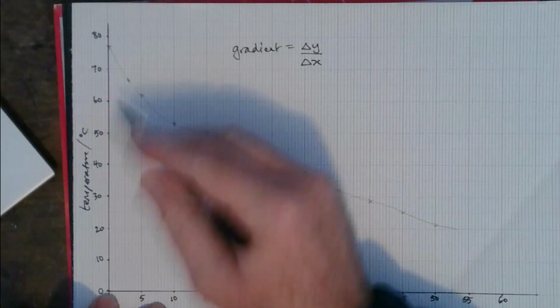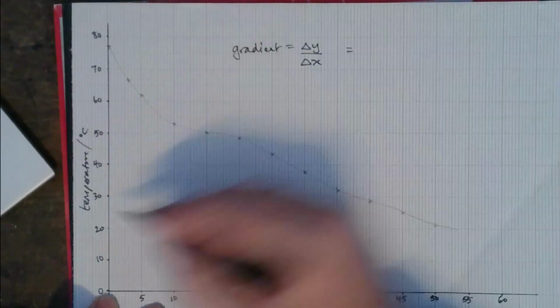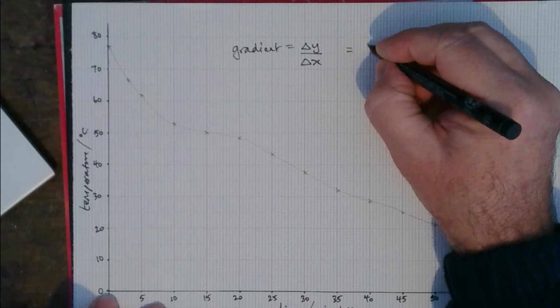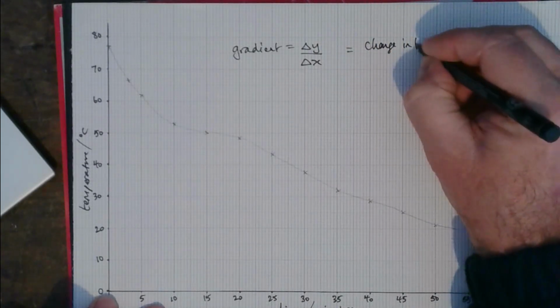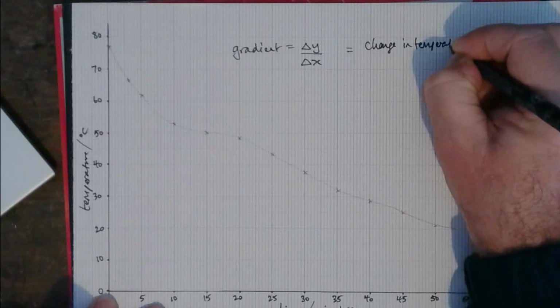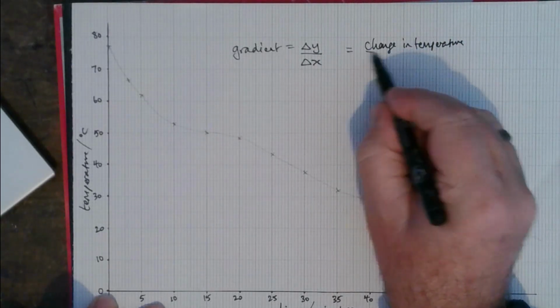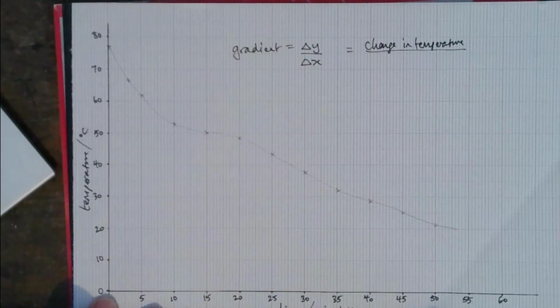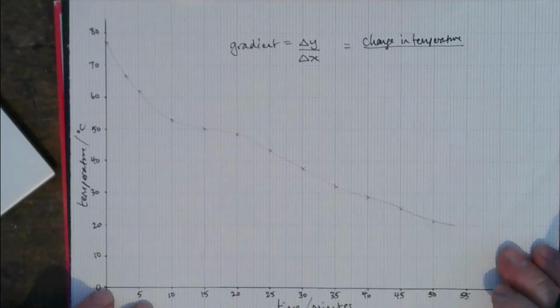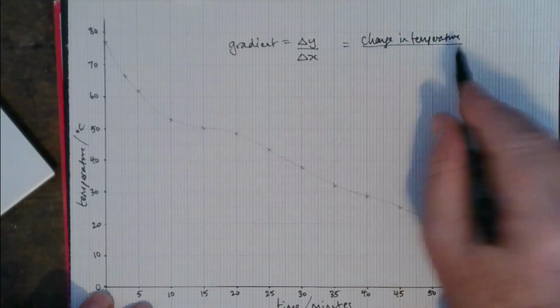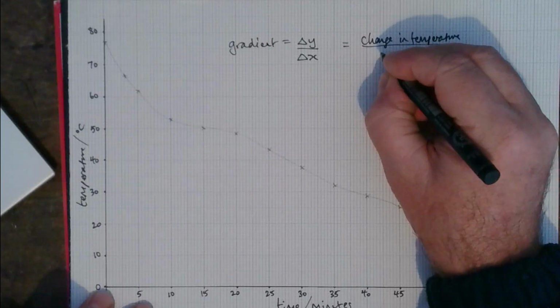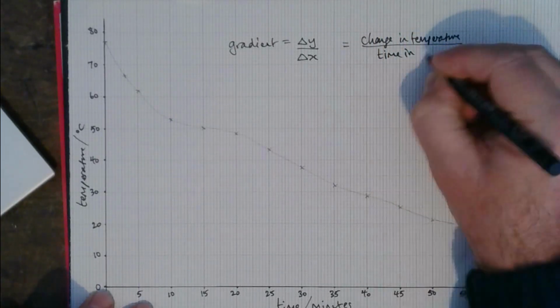In this instance, my change in y is going to give me a change in temperature divided by the change in x value, which in this case is time in minutes. So my gradient tells me a change in temperature per minute.